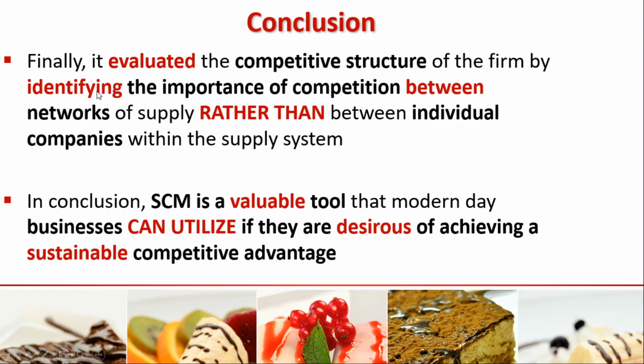And when we talk about networks here, we're talking about supply chain networks rather than individual companies. So in essence, supply chain is a valuable tool that businesses can utilize if they are desirous of achieving a sustainable competitive advantage. And that's it.